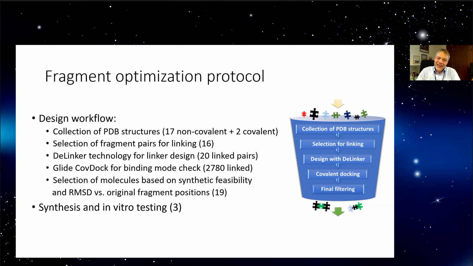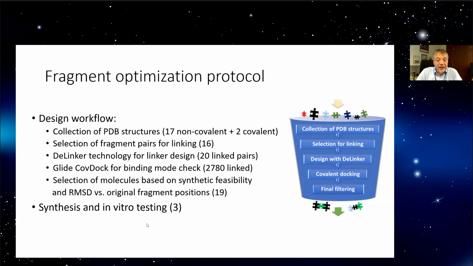And the next step, we used the DeLinker technology for the linker design, and we finally obtained 20 linked pairs that were docked to the binding site using Schrödinger's Glide covalent docking mode. We checked the binding modes, and finally, we compared the binding modes of these linked molecules to that of the original fragments, just to realize any movement of fragment positions upon linking.